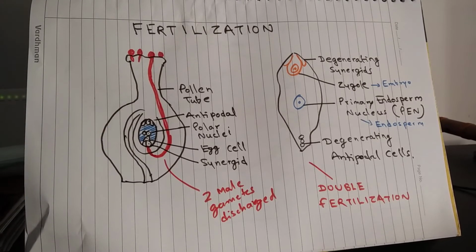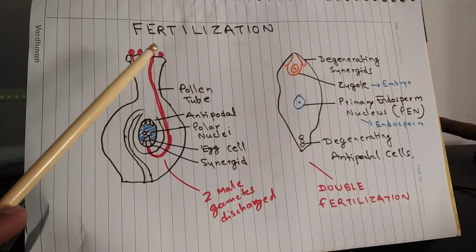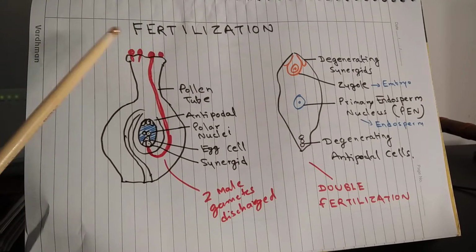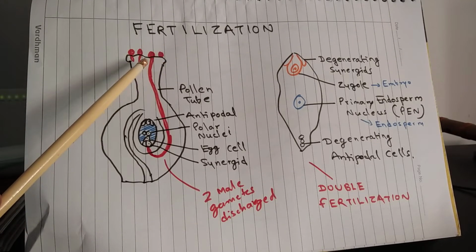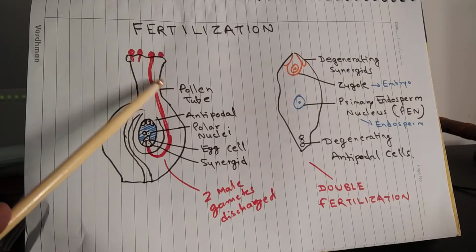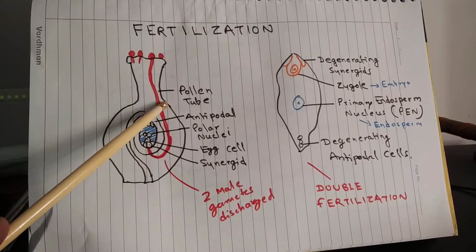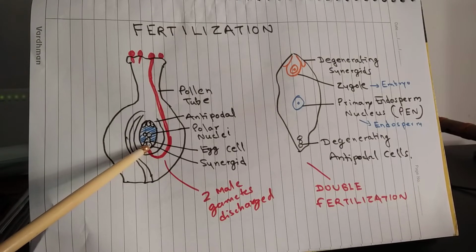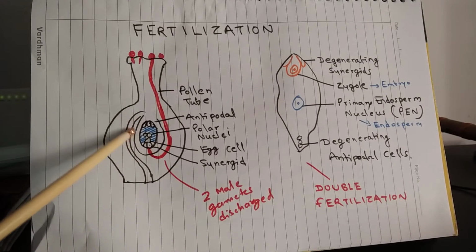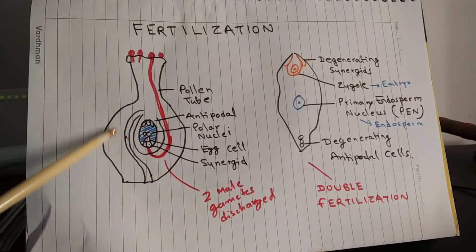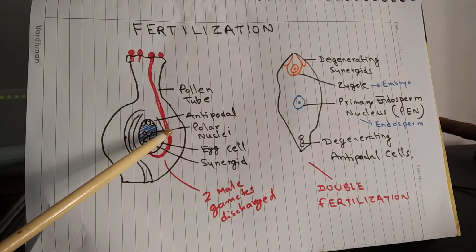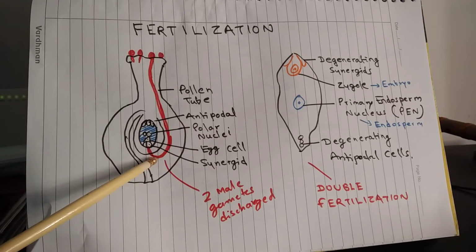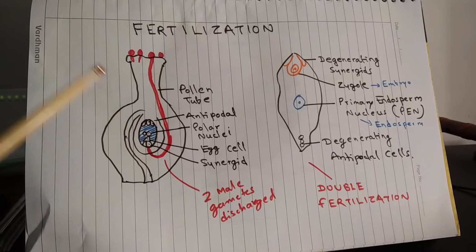Once the pollen grains land on the stigma, they germinate, and one of the pollen grains grows a pollen tube which penetrates the ovary and finally reaches the embryo sac. Once it reaches the embryo sac, two pollen nuclei enter the embryo sac.